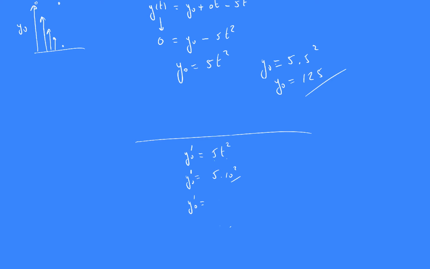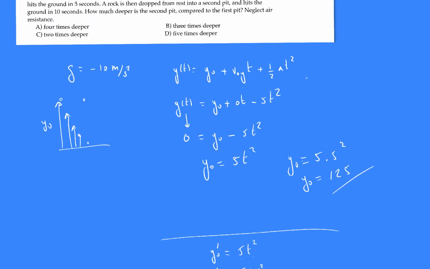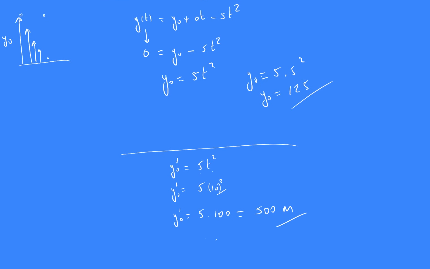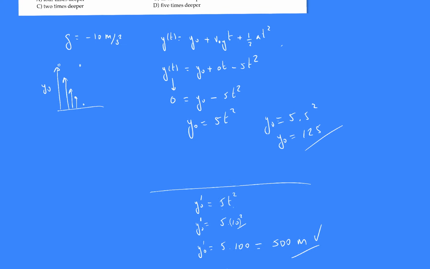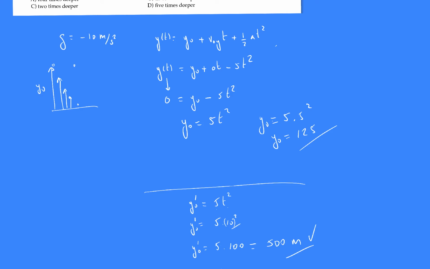That is 10 seconds, so it would be 5 times 100, which is 500 meters. So the rock takes 10 seconds to arrive, but the depth is 500 meters. Okay, this is because the equation is not linear, it's quadratic in time. That's all for the moment.